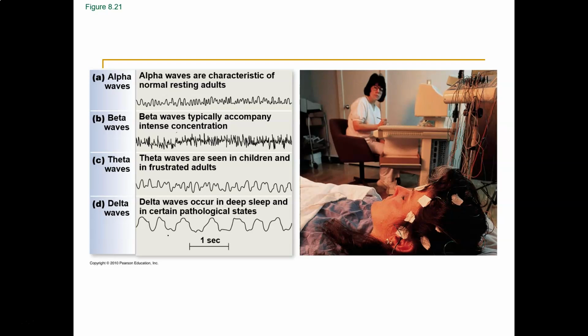So the fact that they're high amplitude, low frequency, what this is really telling you is that when you're asleep, there aren't as many different neurons sending out nerve impulses. There are fewer, but they're more synchronous, so you get these bigger waves.